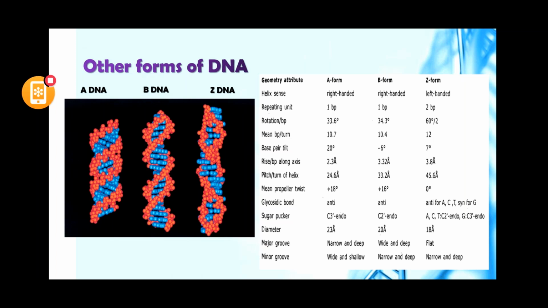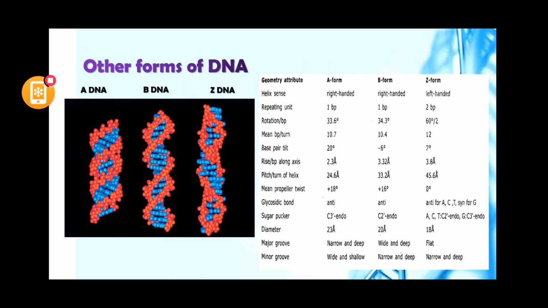In the A form of DNA, the sugar puckering happens at the C3 position, C3 endo, while the B form of DNA shows sugar puckering at the C2 position, C2 endo.